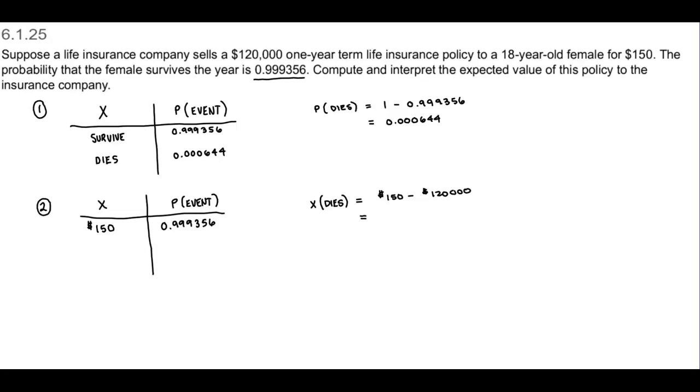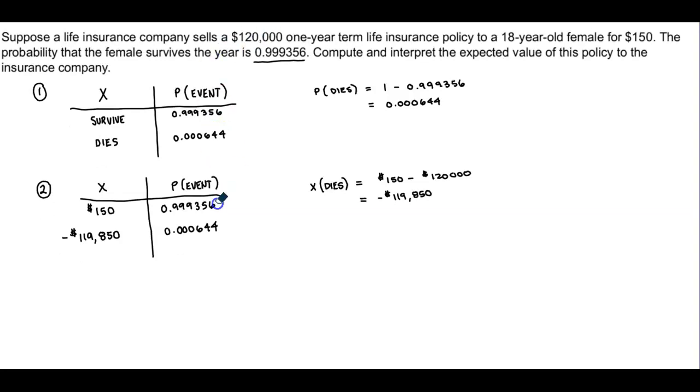That gives us negative $119,850, and that probability is 0.000644. The value is negative because it is money paid out by the insurance company.